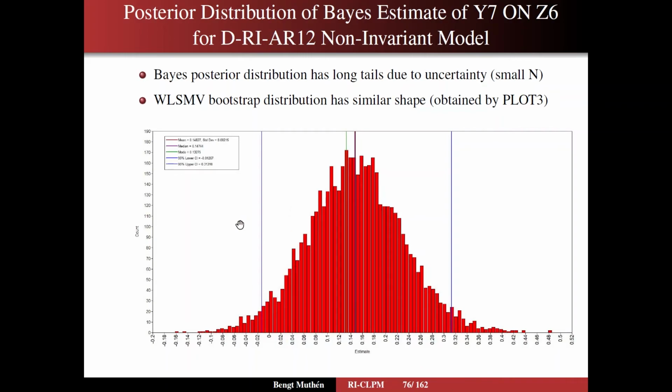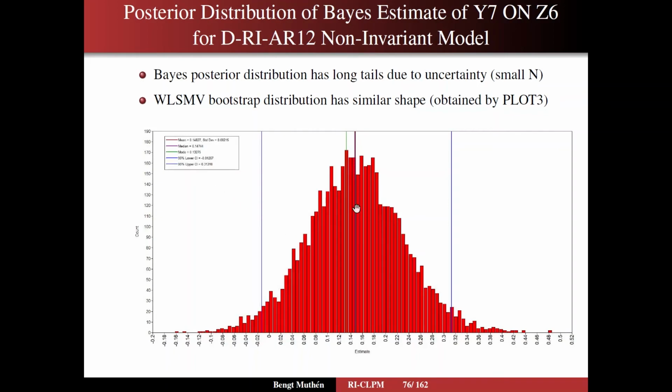Now, if you focus on one estimate here, y7 on z6, and look at the posterior distribution of the base estimate for the non-invariant model, you can see that the base posterior distribution has very long tails.